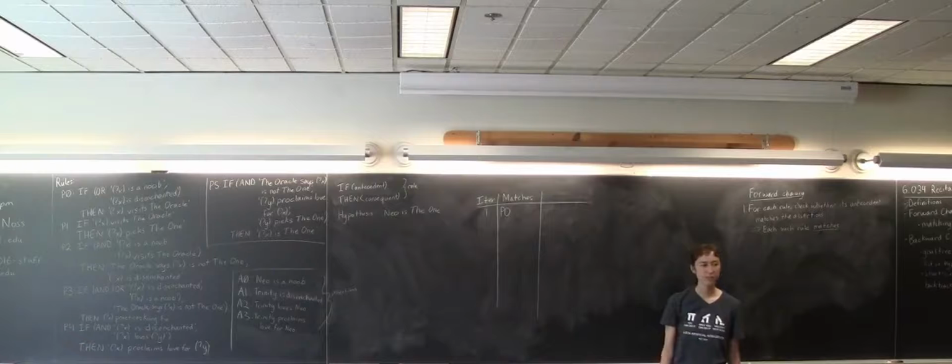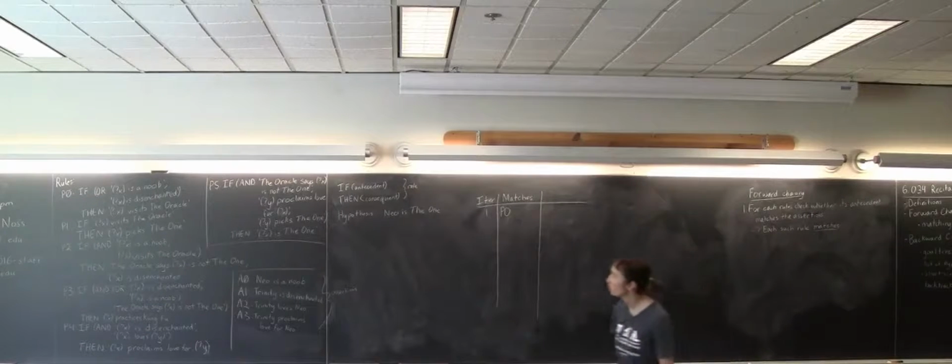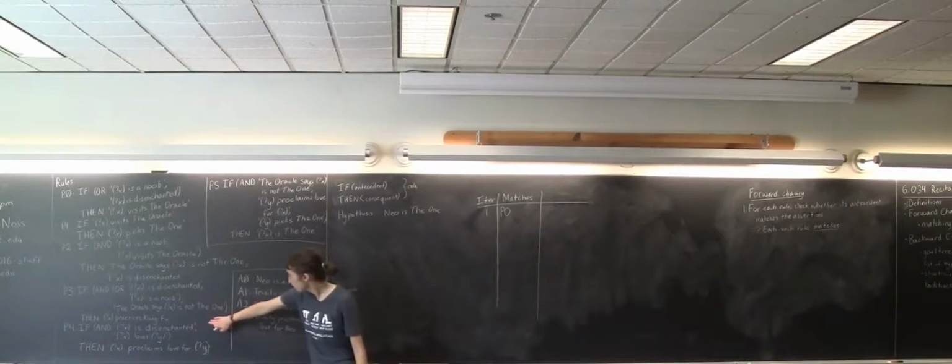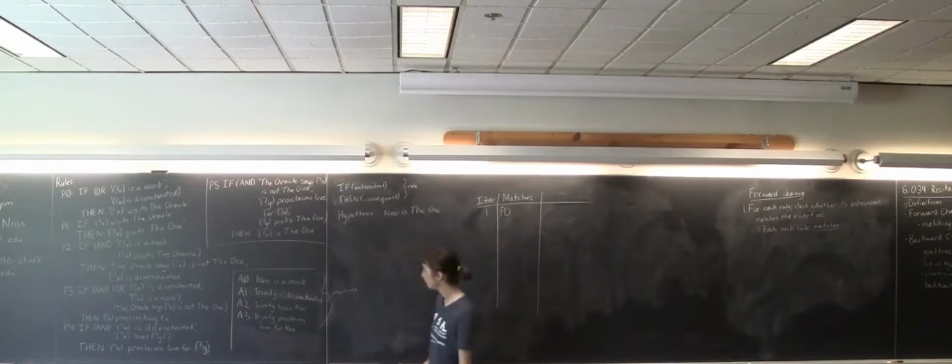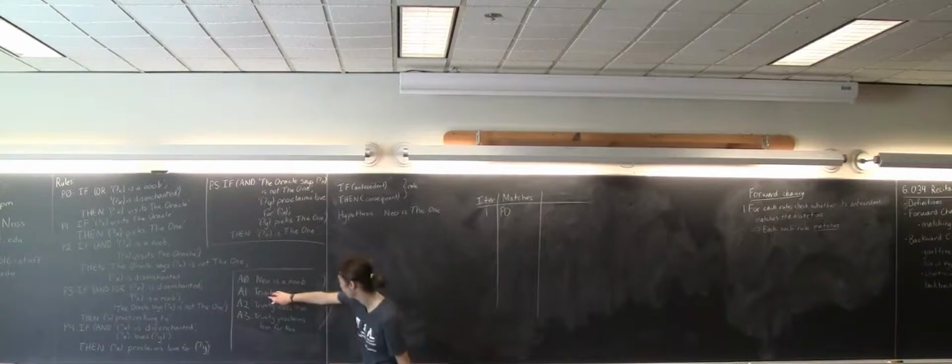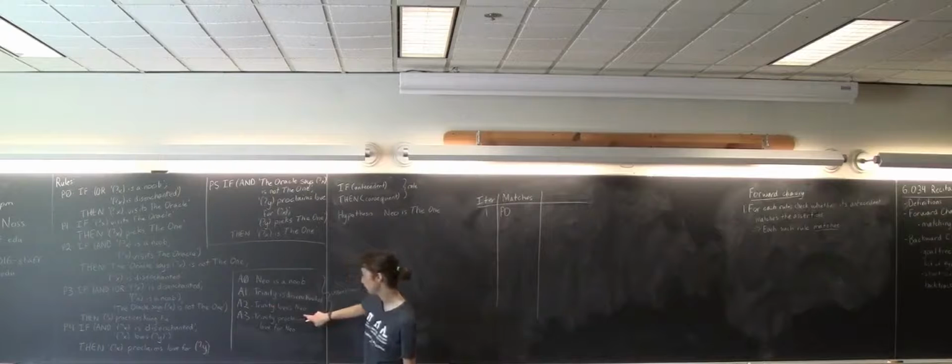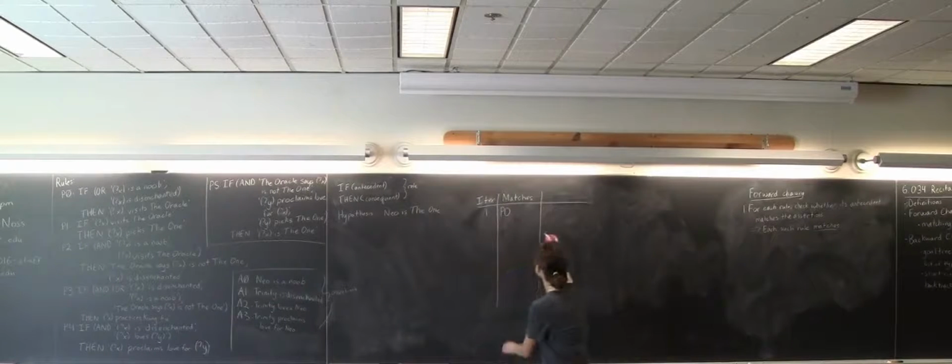Are there other rules that match? P4. So we need both X is disenchanted and X loves Y. It looks like that works with X is Trinity and Y is Neo. So P4 matches.